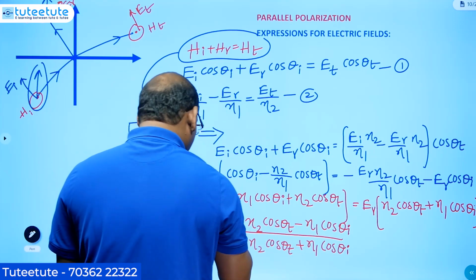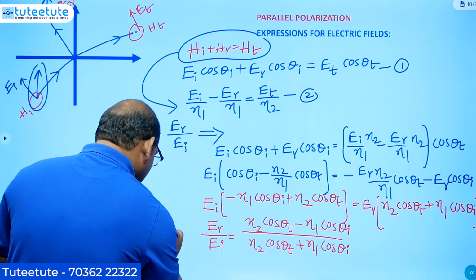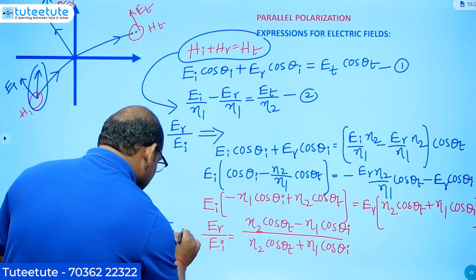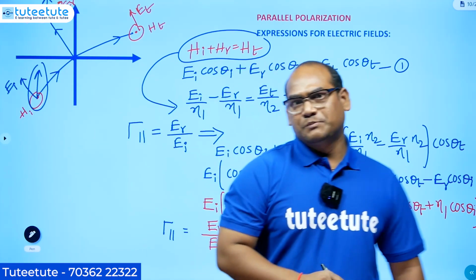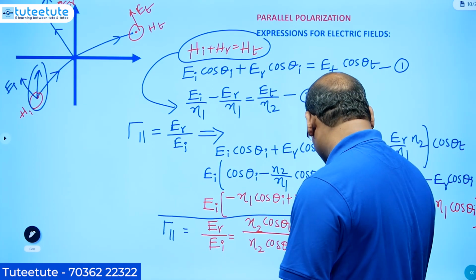What is this? Because it is the ratio between the reflected electric field and the incident electric field, this is the reflection coefficient. This one we have done for parallel polarization, so gamma parallel. So this is the relation we got.